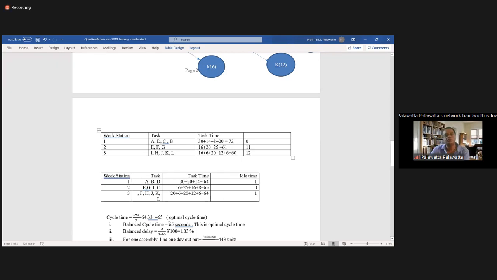This is the optimal cycle time. In order to produce 193 seconds of work in 3 workstations, you have to have a 64.33 second cycle time, and when you round it up, 65. So that's the difference. Balance cycle time is the cycle time of these balanced lines.